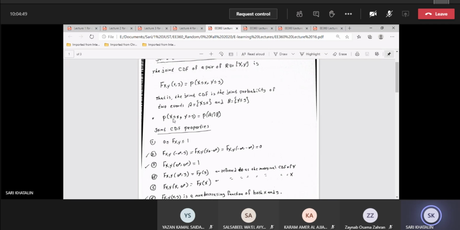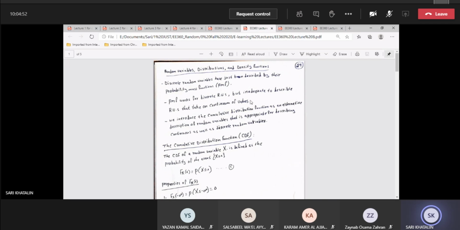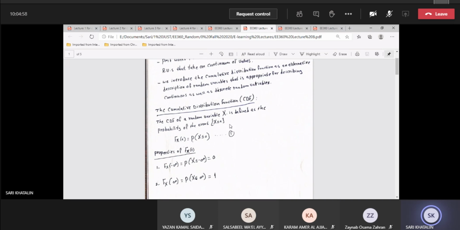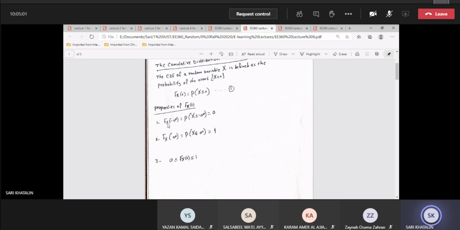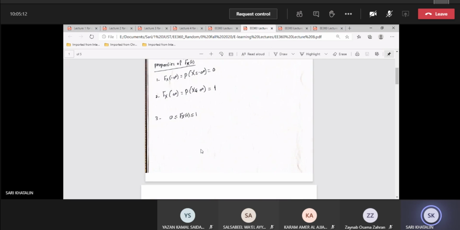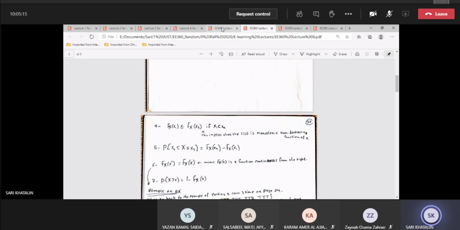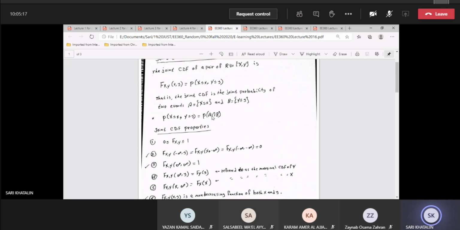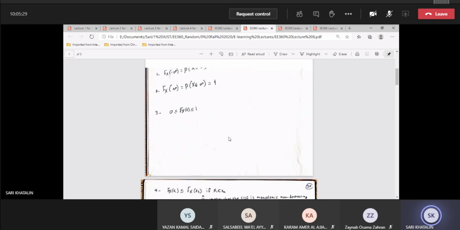If you go back to lecture 8, I believe, and go back to the properties, you remember we talked about when x approaches minus infinity, it's equal to 0, when it goes to infinity it is 1, and F of x is between 0 and 1. Very similar for the joint probability. The joint CDF for random variables x and y is between 0 and 1, similar to the single one. Nothing changed.